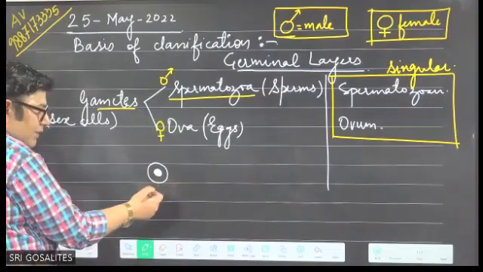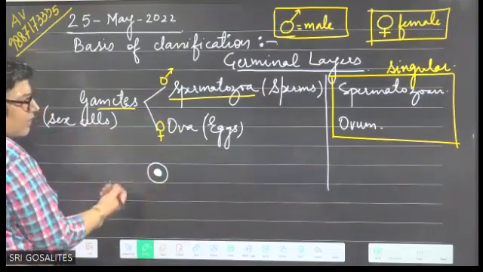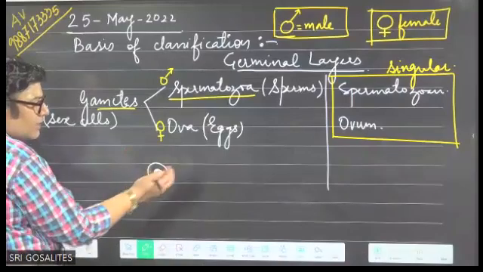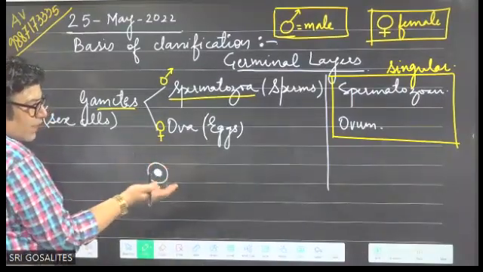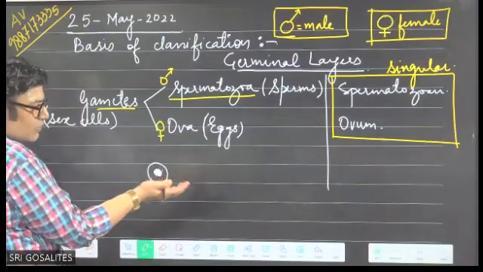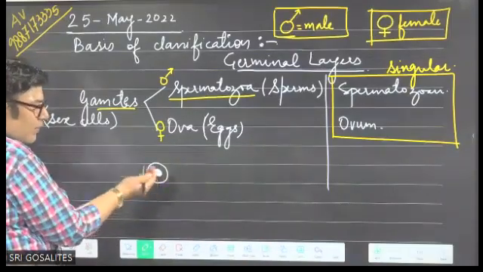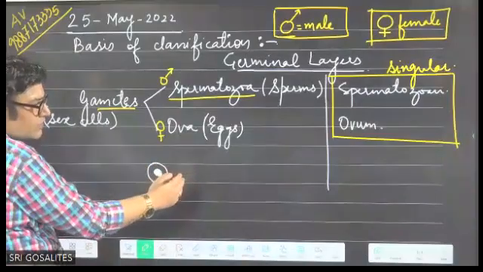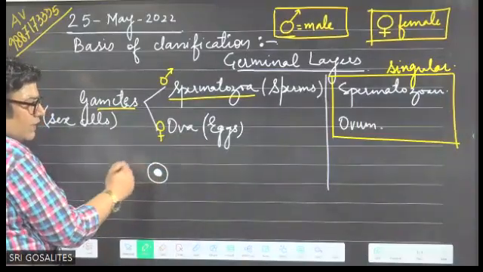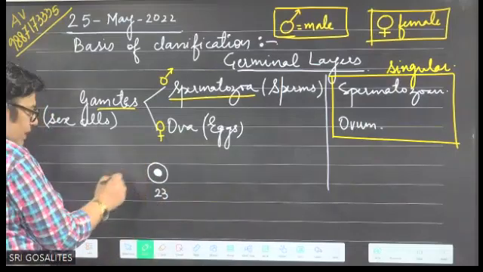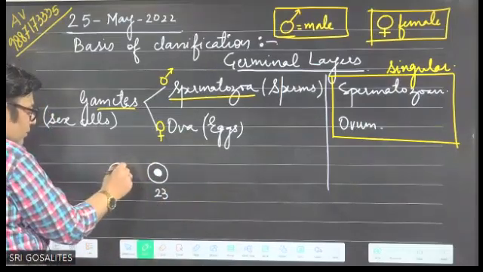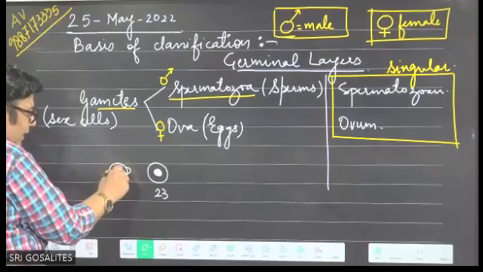Another specialty about them is that in all the remaining body cells, you might have heard, we have 46 chromosomes in total. But these gametes have half the number of chromosomes. So gametes have only 23. So 23 chromosomes in the female gamete and 23 chromosomes in the male gamete.